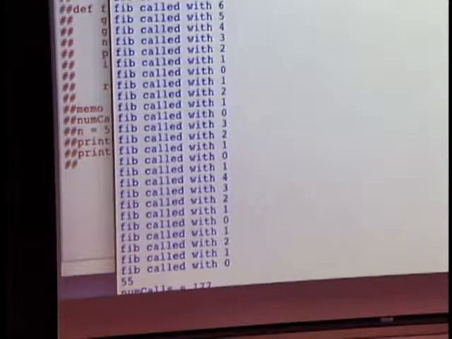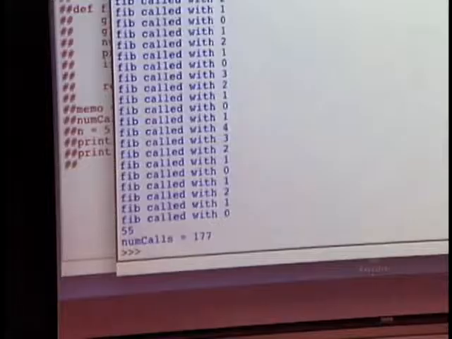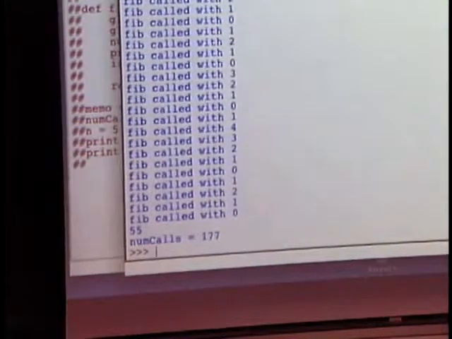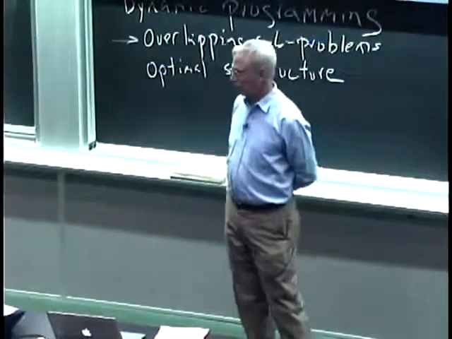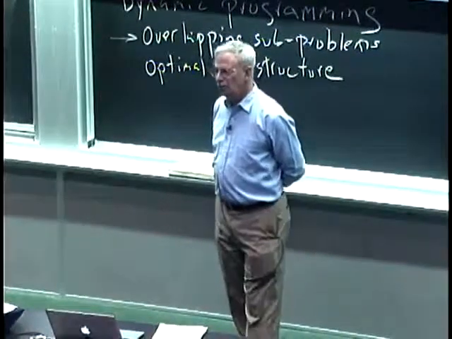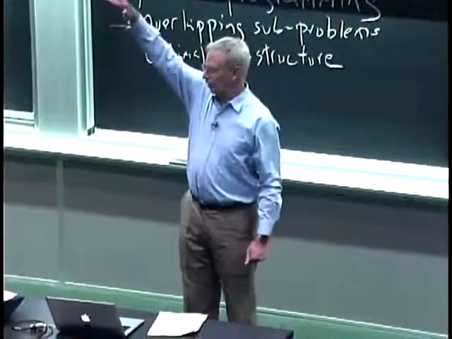Well, there's a reason I chose 10 rather than, say, 20. Here, fib got called 177 times. Roughly speaking, the analysis of a recursive fib is actually quite complex, and I won't go through it. But what you can see is it is, in fact, exponential.